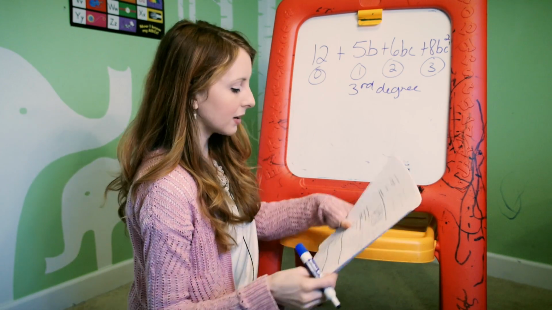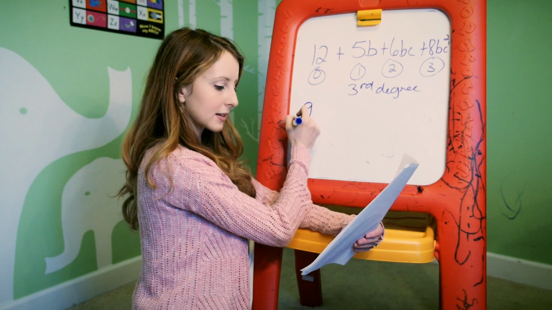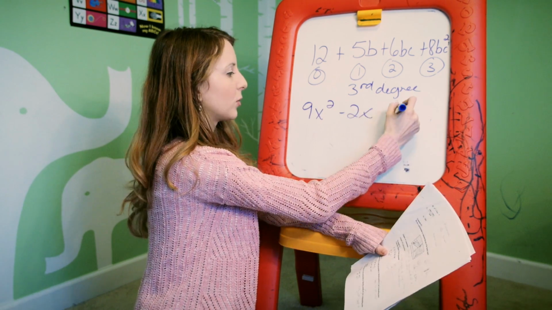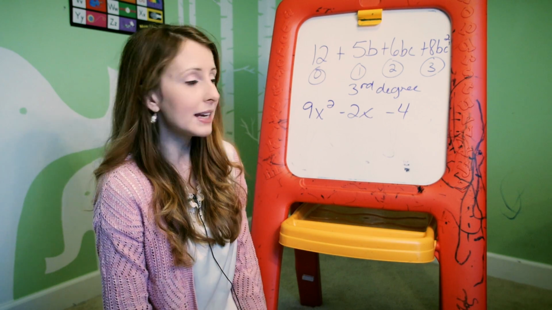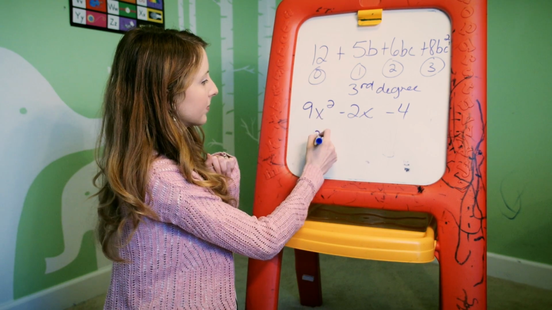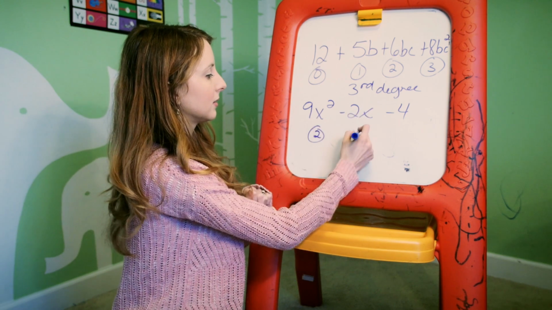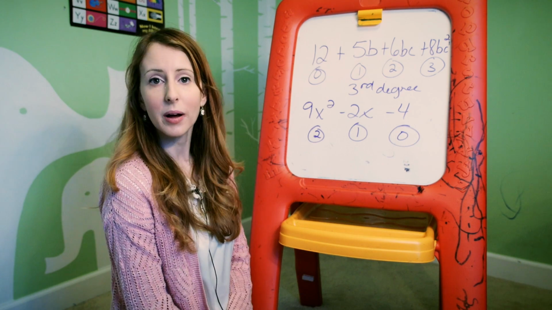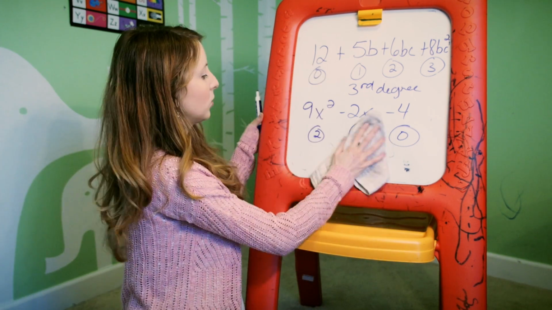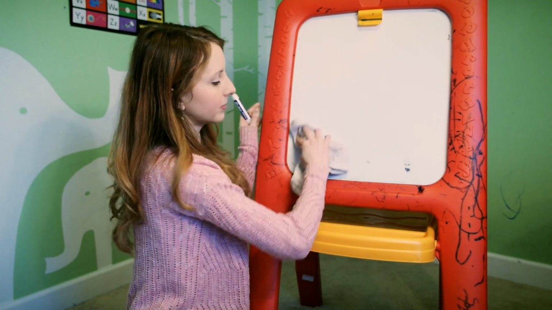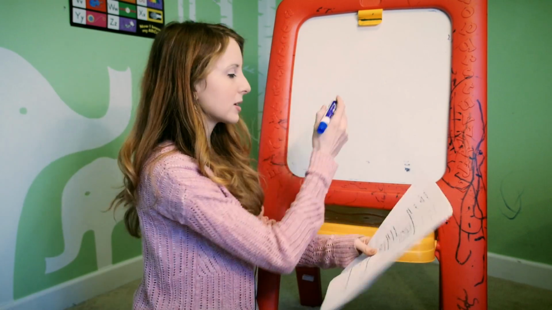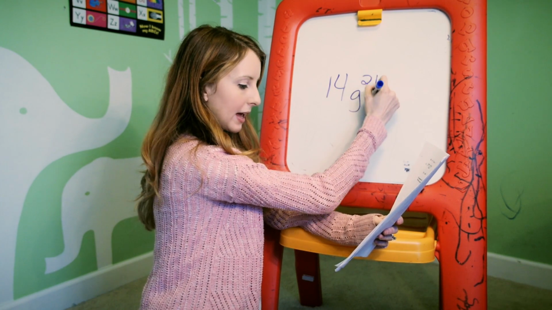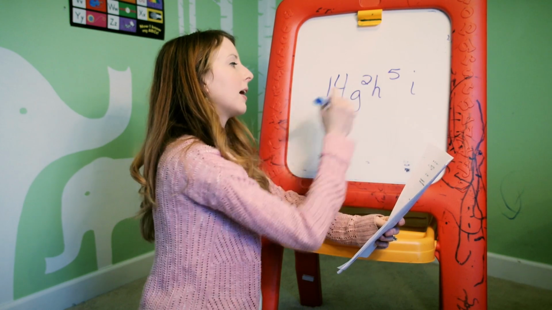So we always take the biggest one. All right, let's do another one. Here we have 9x squared minus 2x minus 4. Let's assign our degrees. 2, just 1, and 0. So this would be a 2nd degree polynomial. And one more. We have 14g squared h to the 5th i.